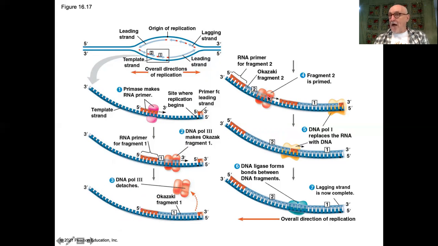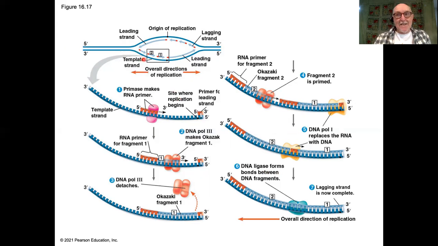And now DNA polymerase comes in, and it makes the DNA matching strand. Boom, it runs up against my old RNA primer. So what has happened on the leading strand here, in this direction, is that the new DNA is laid down continuously as a continuous strand.